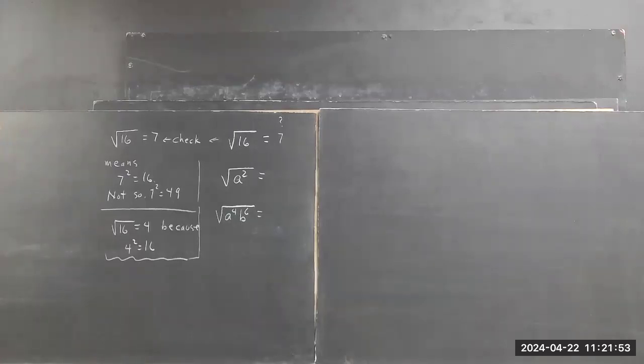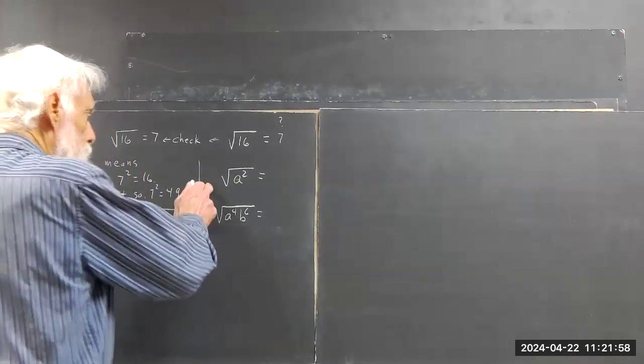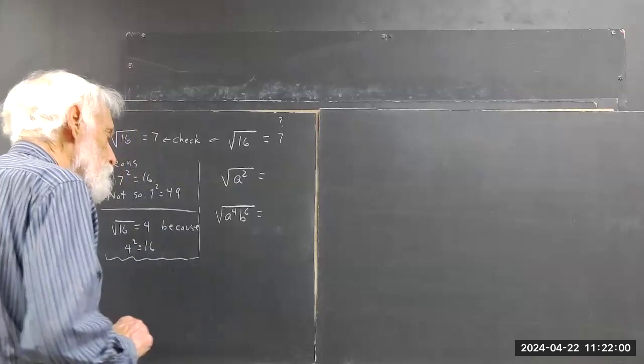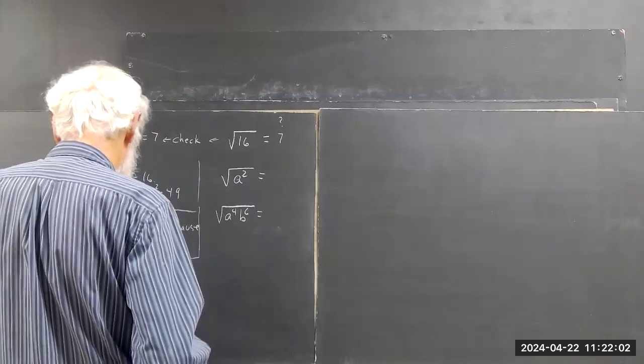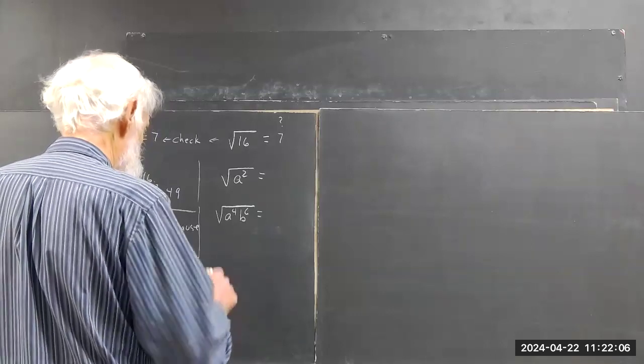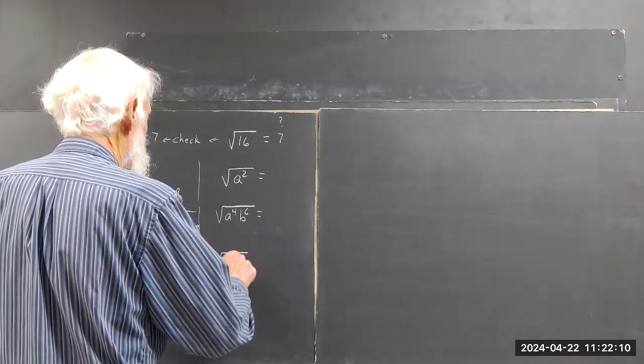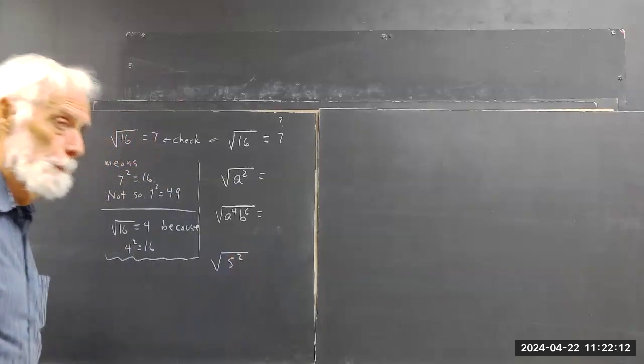Okay, now doing this with symbols can be a little confusing. Let's skip these for the moment and tell me what's the square root of 5 squared?